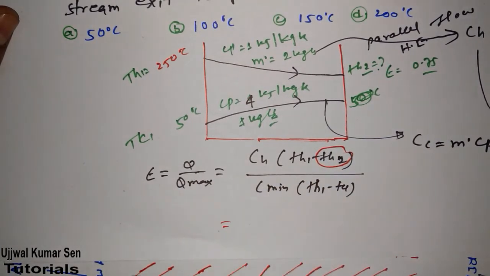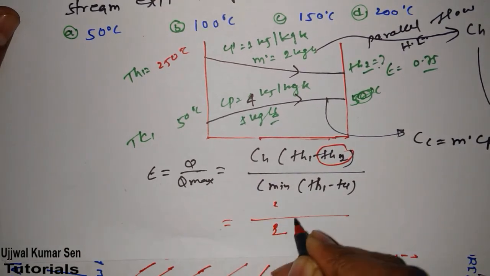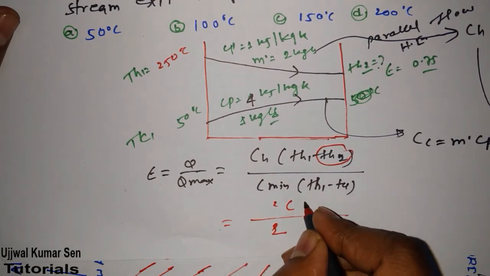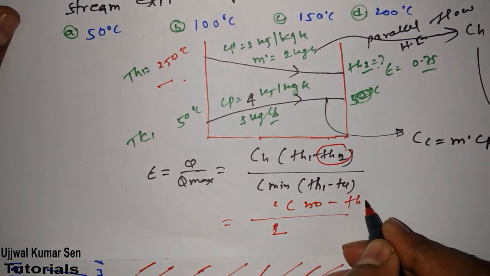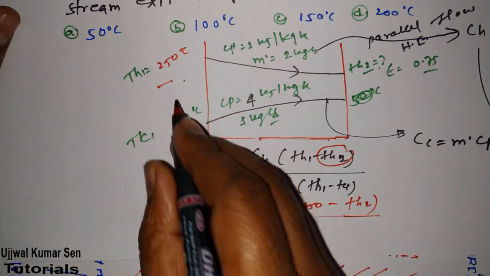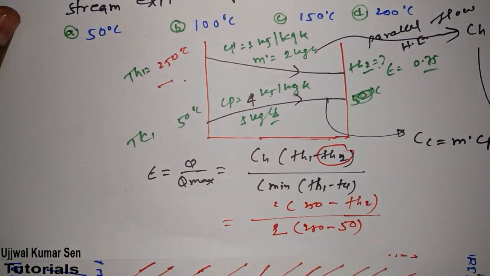So we'll put all values. CH is 2, C minimum is 2, TH1 is 250, and TH2 we have to find out, and TH1 is 250 minus TC1 is 50.